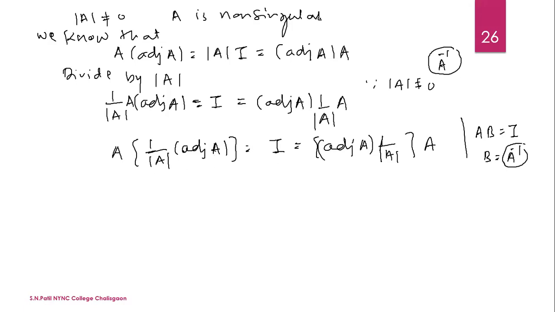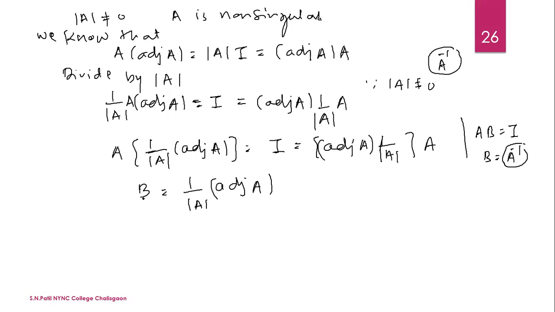So definitely this is the inverse of A. So we say this term as B, that is B is equal to 1 upon determinant adjoint of A, otherwise adjoint of A into 1 upon determinant.